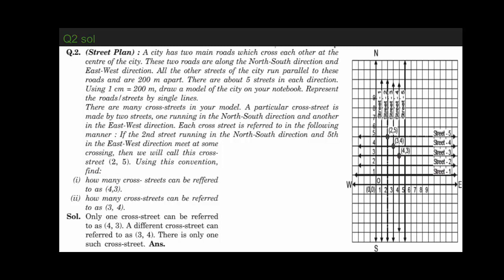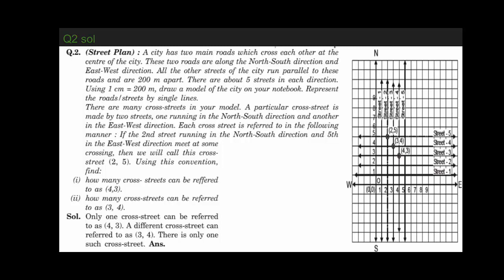Now, if you look at the first question, 4 and 3, how many cross streets can be referred to as 4, 3? So you have to find out at how many points these two streets intersect.